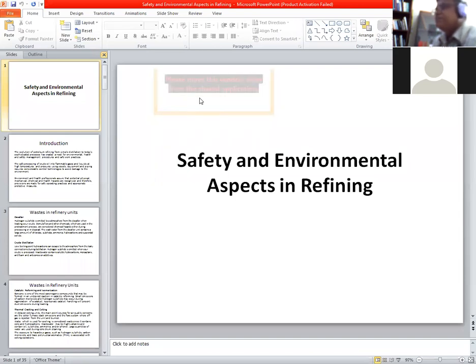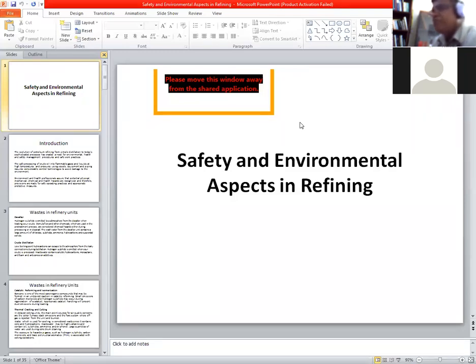Hydrogen sulfide is a very toxic gas from many units, for example the desalting unit, the crude distillation unit, catalytic cracking and reforming, thermal cracking and coking. Everywhere, hydrogen sulfide can be emitted to the environment, along with some other gases such as carbon dioxide. Carbon dioxide itself is a greenhouse gas causing global warming.